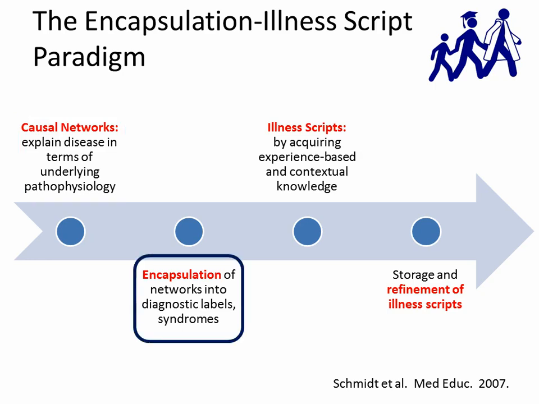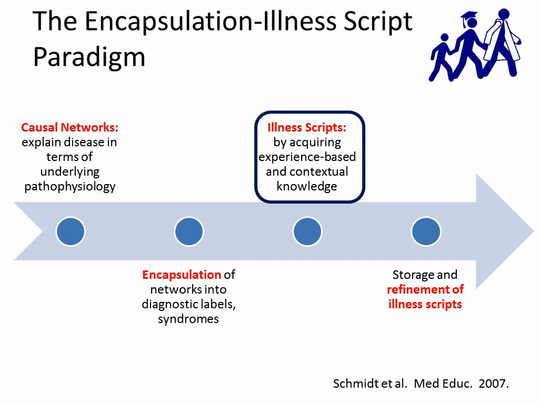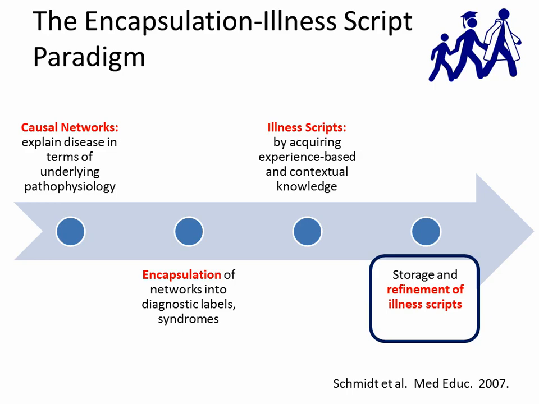In the next stage, encapsulation of these pathophysiologic concepts happens, and they turn into diagnostic labels and syndromes. And don't worry if some of these words are a little vague, because I'm going to go through each one of these items one at a time in a minute. In the third stage, learners develop illness scripts by acquiring experience-based and contextual knowledge. And then finally, those illness scripts are refined and stored, and this is a process that goes on and on and on, even after our formal training has completed.